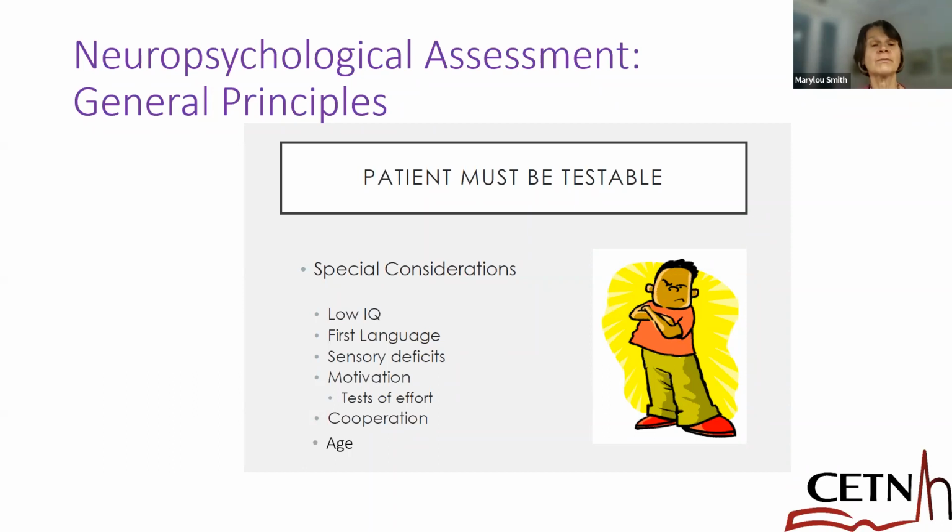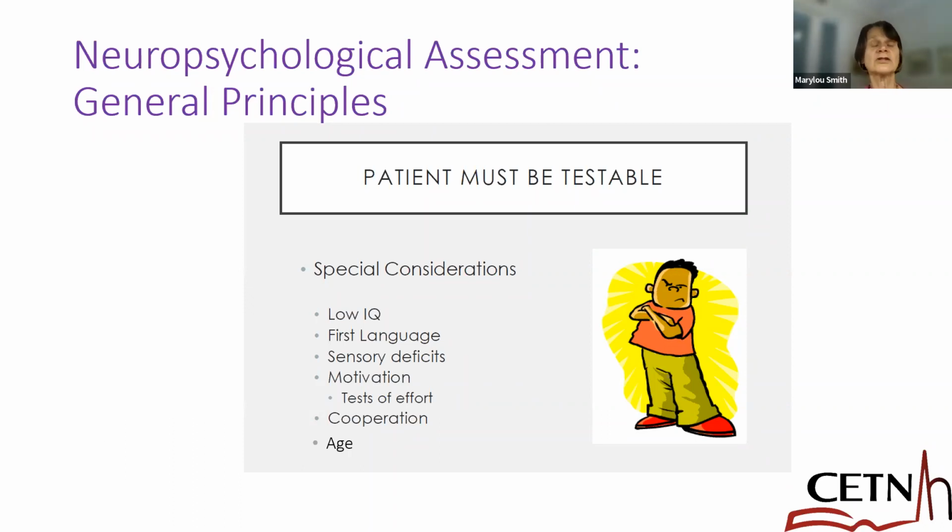We have to consider the patient's language. If their first language is not the language that our tests are available in or that the examiner is fluent in, then this can represent significant difficulties. And it's not sufficient just to translate a test, because then there can be different cultural or language norms associated with the test.